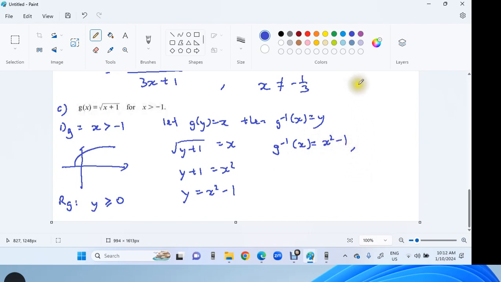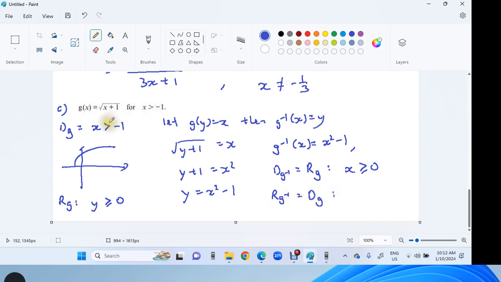Okay, we need to know that the domain of g inverse is equal to the range of g. So the range of g is greater than or equal to 0, so x is greater than or equal to 0. And then the range of g inverse is equal to the domain of g.